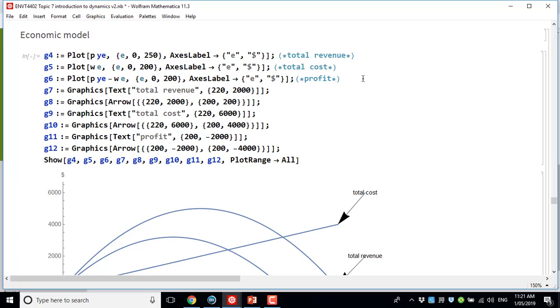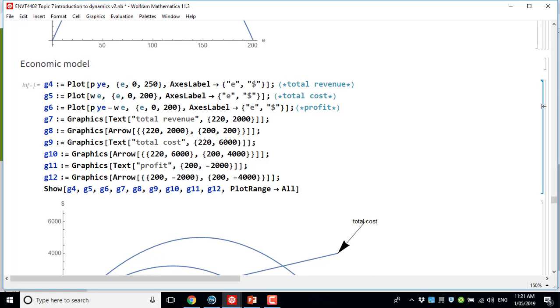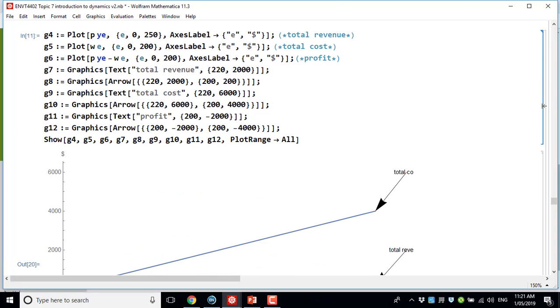And then we subtract the total revenue, so the price times the yield less the total cost, so that's the cost of fishing effort times the fishing effort, and then we can hopefully try and just check that this actually works.